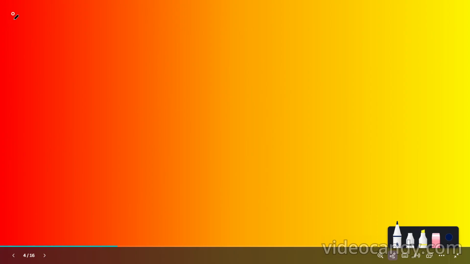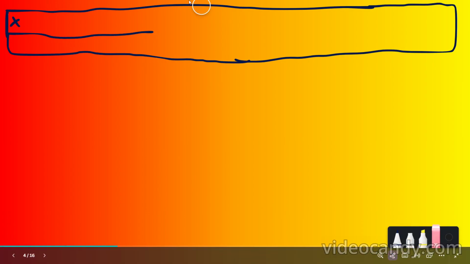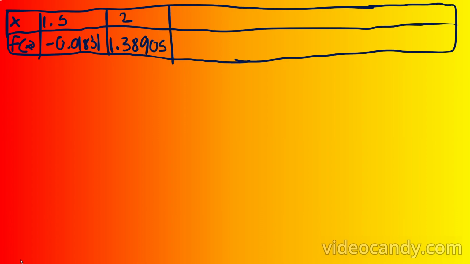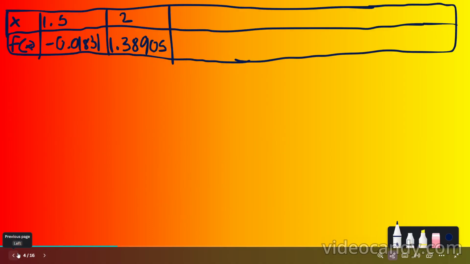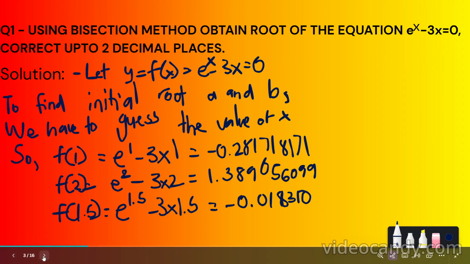Next, f(1.5) is negative 0.01831 and f(2) is 1.38905, so the root lies between 1.5 and 2.